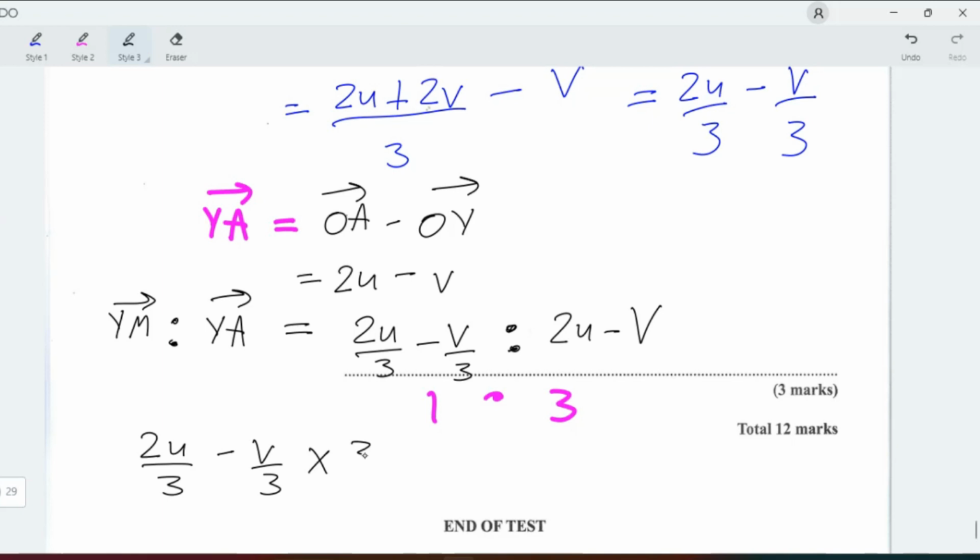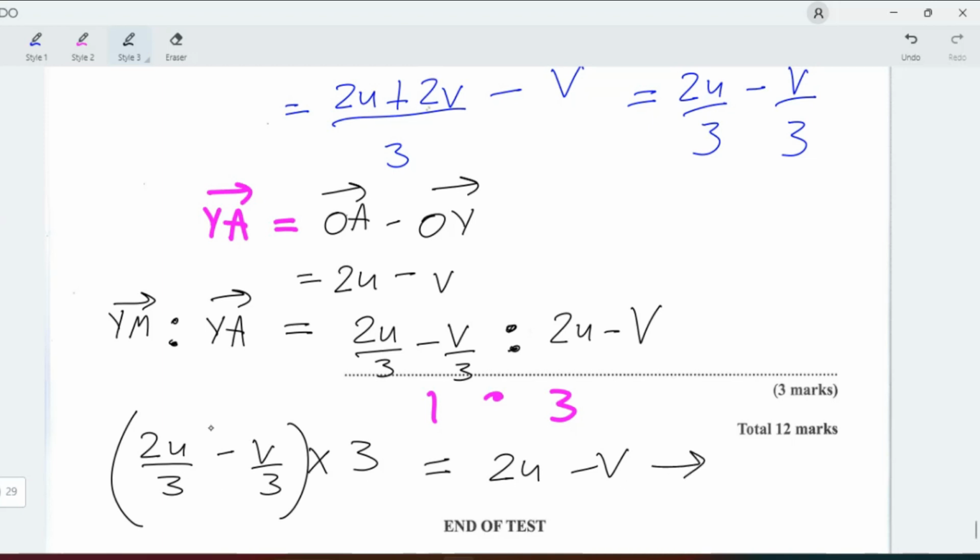If you multiply it by 3, 2U over 3 times 3 is 2U, and V over 3 times 3 is V.